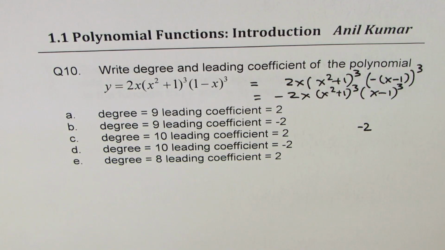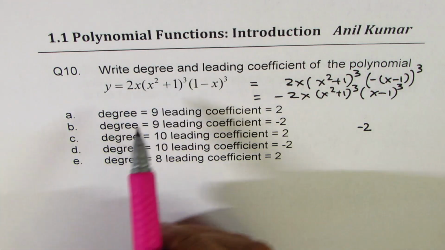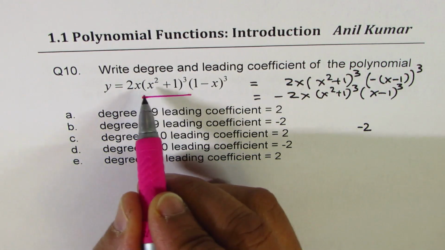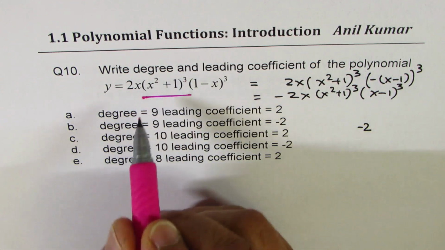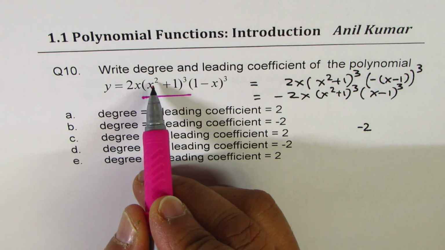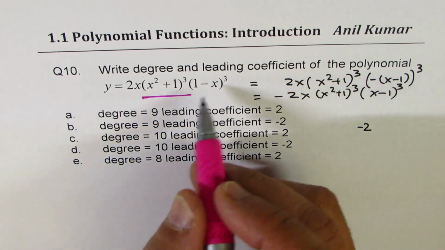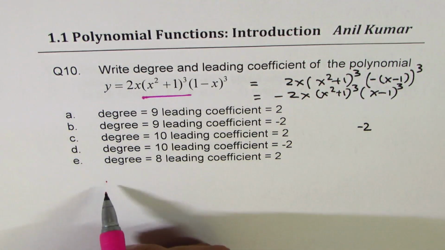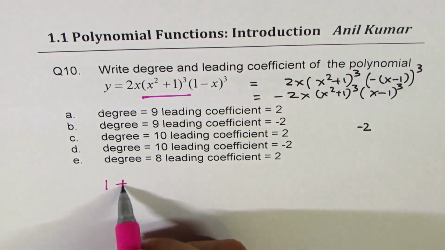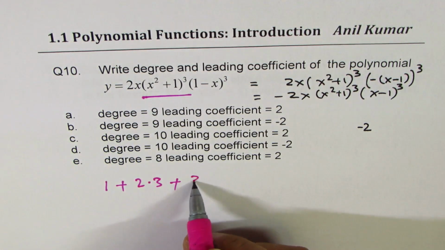That's one part. Now the second part is about the degree. What is the degree? Now here we have x squared plus 1 to the power of 3. For these exponents, you apply the power rule. They get multiplied, so it will be 6. Then we have the power of 3 from the last factor and 1 from the first x.